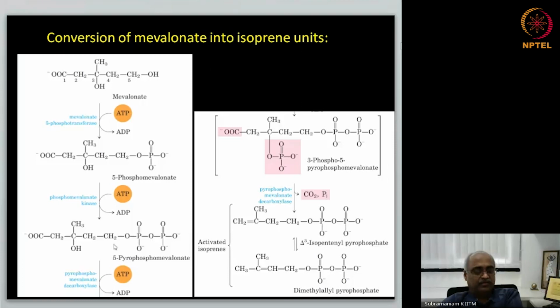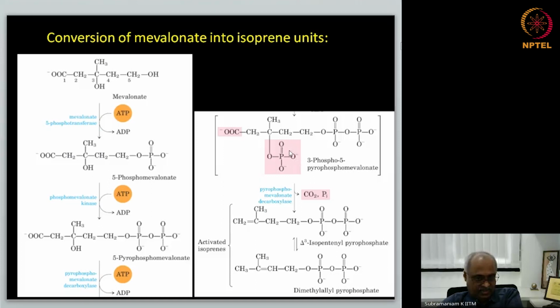Forming this pyrophosphate group. Then a decarboxylase converts this into the isopentenyl version of it. It does two things. One, transiently it further activates by phosphorylating this hydroxyl group, so it becomes 3-phospho-5-pyrophosphomevalonate.